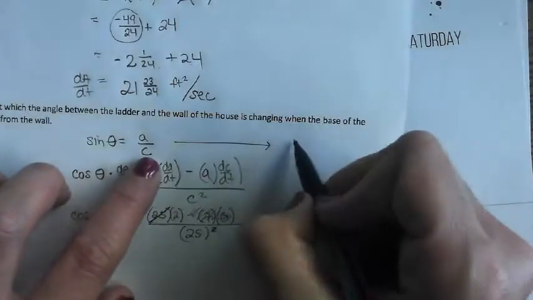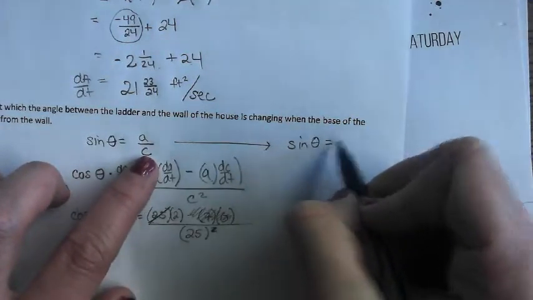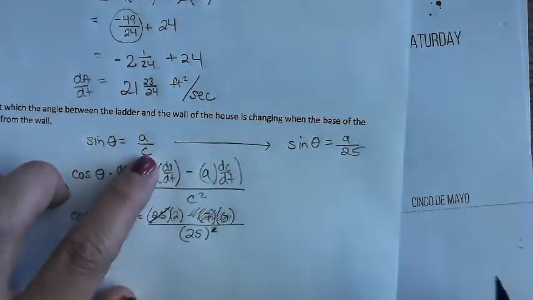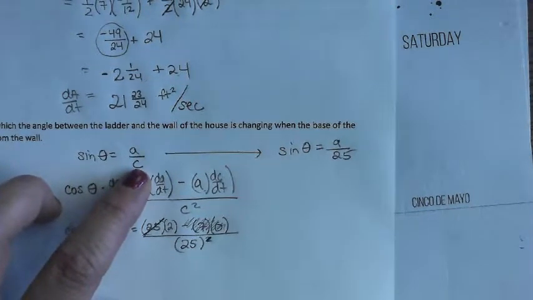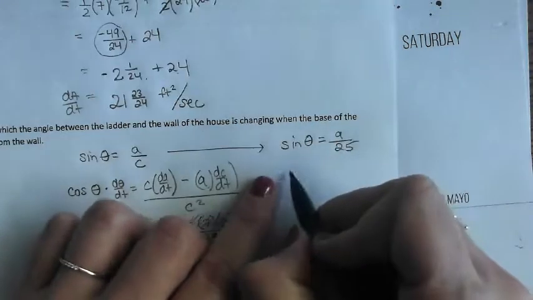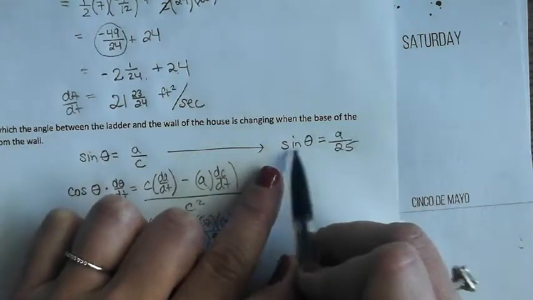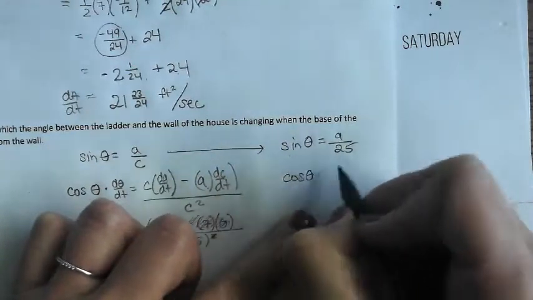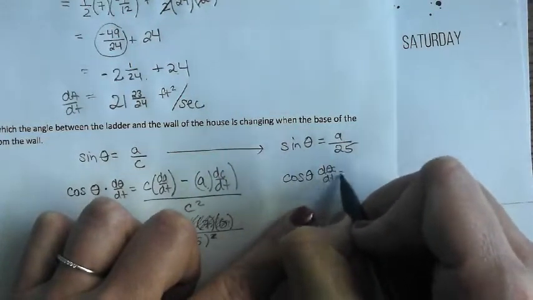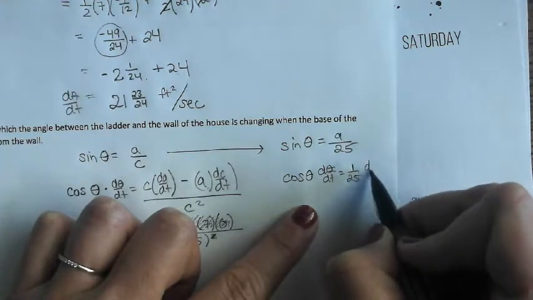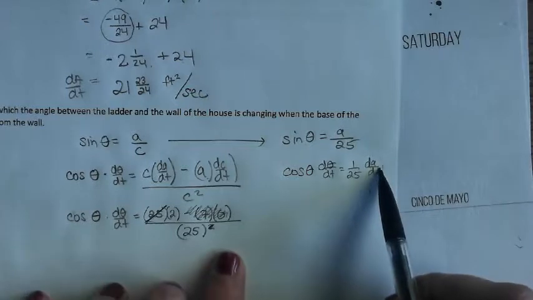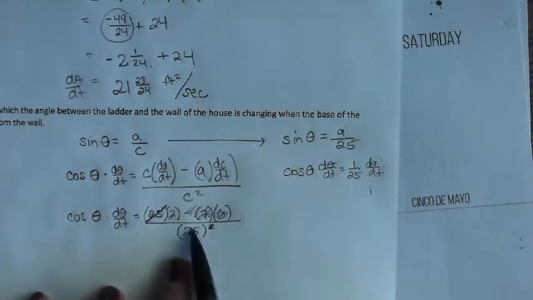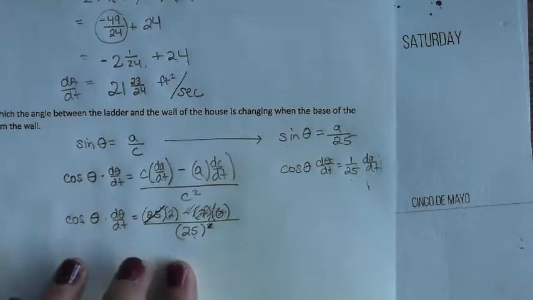So in the beginning, if I go over here, I said we can plug in a C value. We could have plugged in 25, only because 25 is the ladder length, and that's literally the only thing that's not changing. So I could have said that the derivative of sine is cosine theta d theta dt, and then this just would have been 1 over 25 dA dt, which is what we have, because dA dt was just 2, and 2 over 25 would give us the 2 over 25 that we have anyway, even though we did the quotient rule.